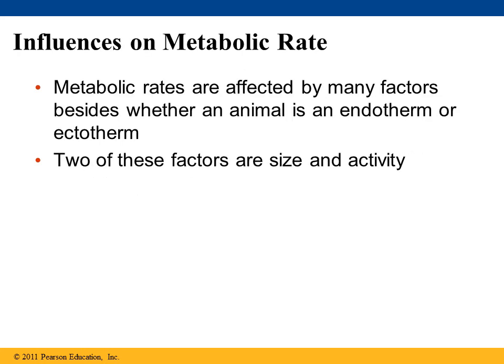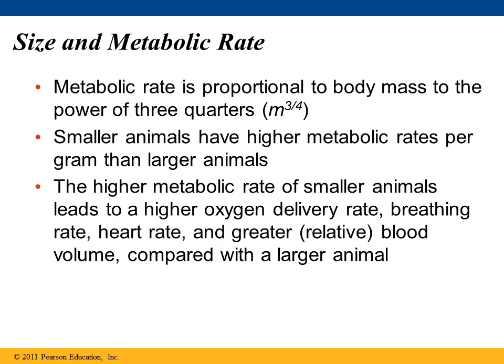Now metabolic rates are affected by many factors besides whether an animal is an endotherm or ectotherm. The two types of factor are size and activity. Metabolic rate is proportional to the body mass to the power of 3/4. Smaller animals have higher metabolic rate per gram than larger animals.